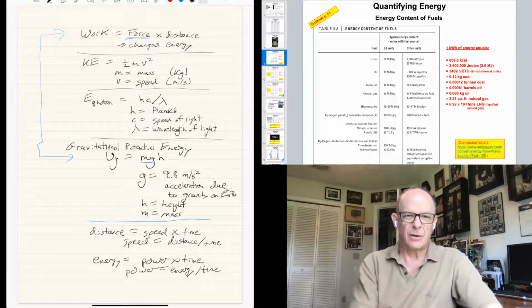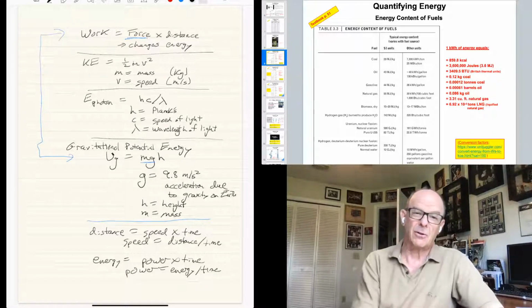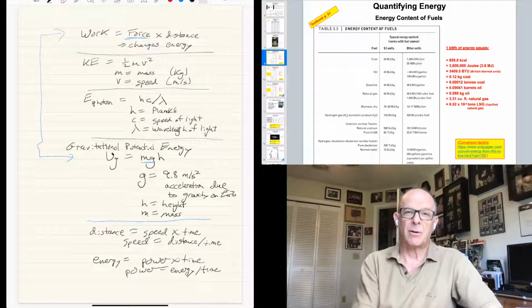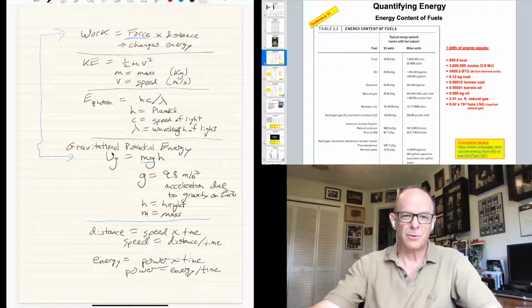And it's not listed on here, but if we put butter down in this table, it would have about the same amount of energy per kilogram as these fossil fuels.